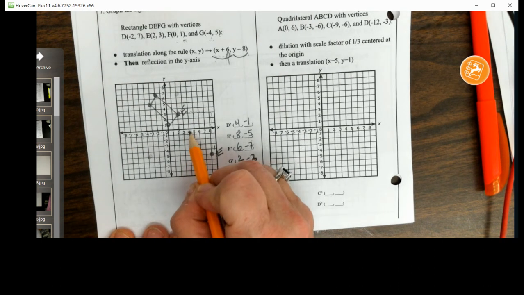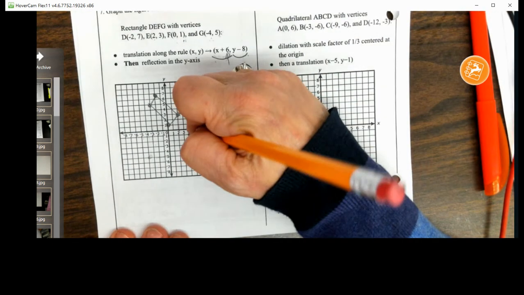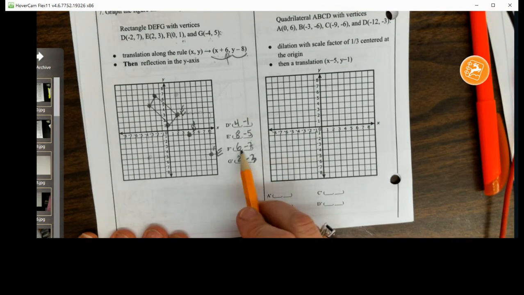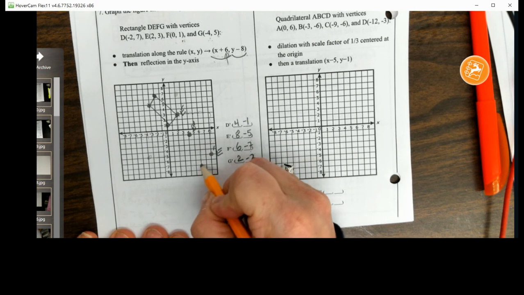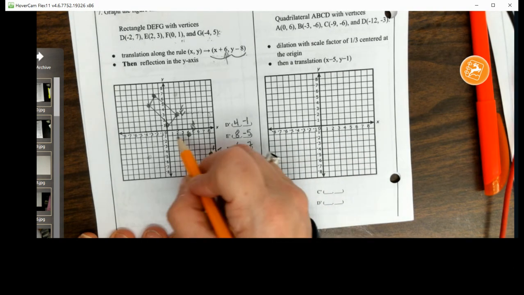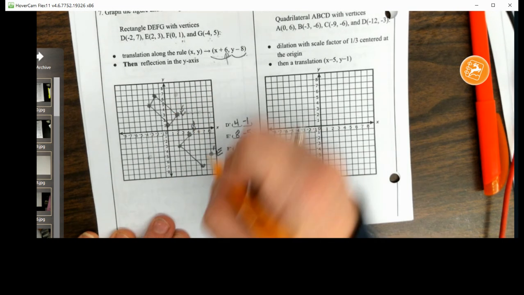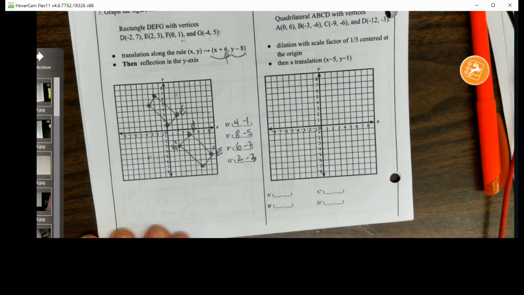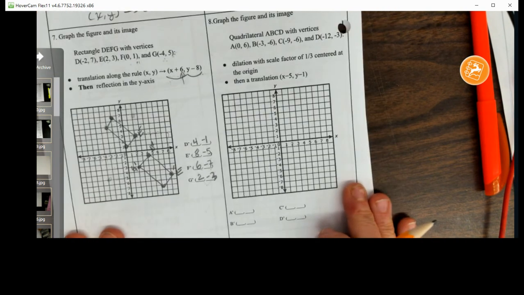I have (4, -1), this is D prime. F is (6, -7), and (2, -3) is G prime. So this is my translated shape.